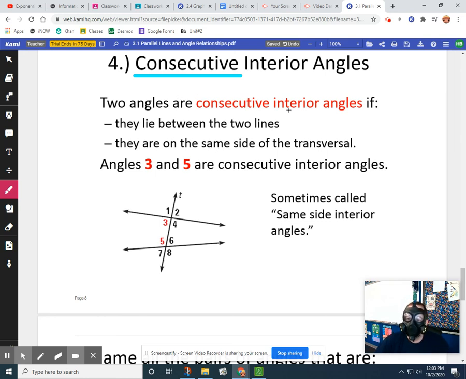So consecutive interior angles are basically the opposite of alternate. They're on the same side of the transversal. They're both interior. There's no such thing as consecutive exterior angles. I've often heard this called same side interior angles. It's six of one, half dozen of the other.